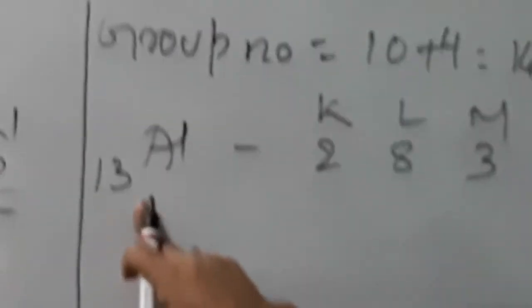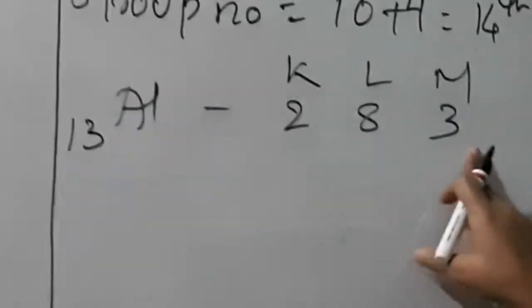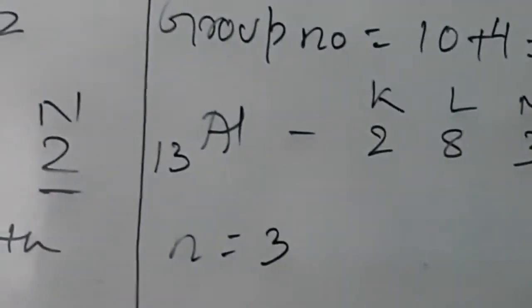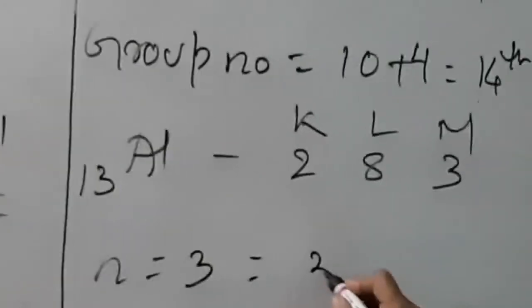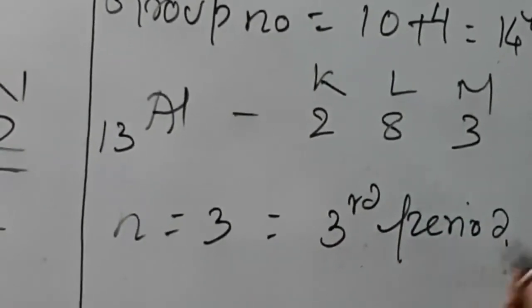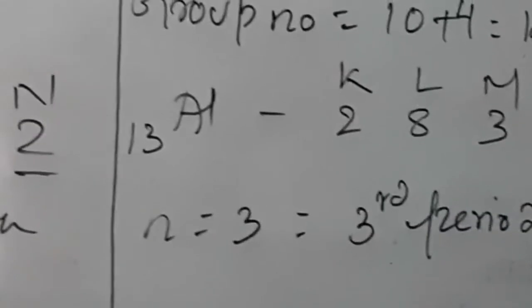Now let us see aluminium having the atomic number 13. So electronic configuration is 2, 8, 3. So how many shells are involved? 3. So N is equal to 3. So aluminium belongs to third period.